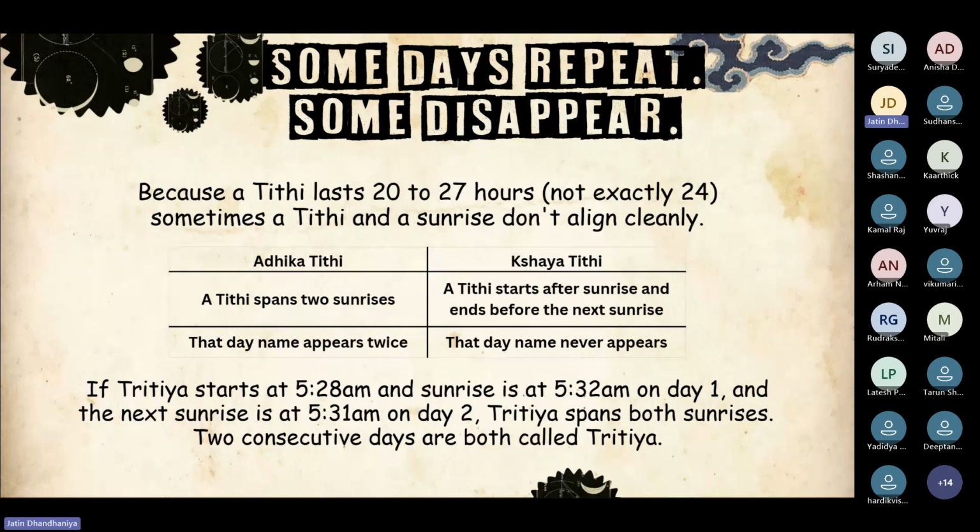And that day name never appears, while Adhika Tithi appears twice. So if Tritiya starts at 5:28 a.m. and the sunrise is at 5:32 a.m. on day 1, and the next sunrise is at 5:31 a.m. on day 2, then Tritiya can span both sunrises if it is 25 hours long. So 2 consecutive days are both called Tritiya.